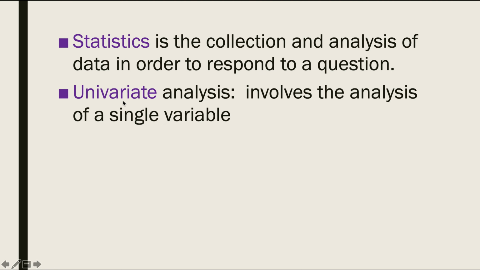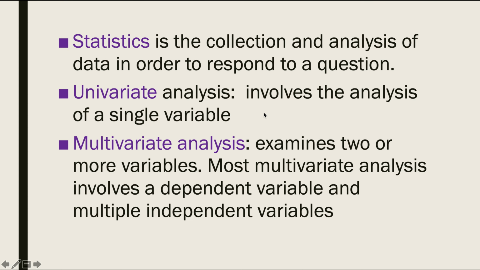We're going to be talking about univariate analysis, and univariate analysis involves only one variable. So you're analyzing only one variable, and this is the one that we're going to be focusing on in this unit. But what other types of analysis exist? Multivariate analysis examines two or more variables, and it usually applies when one variable depends on the other.